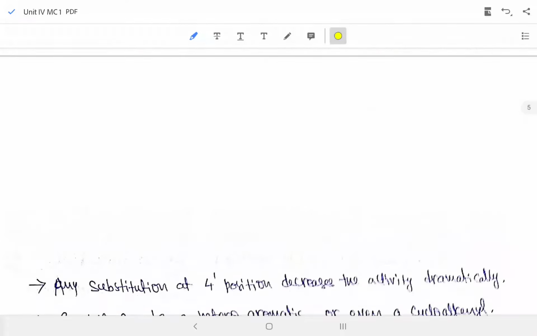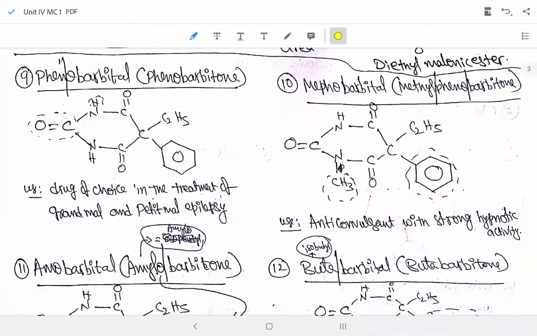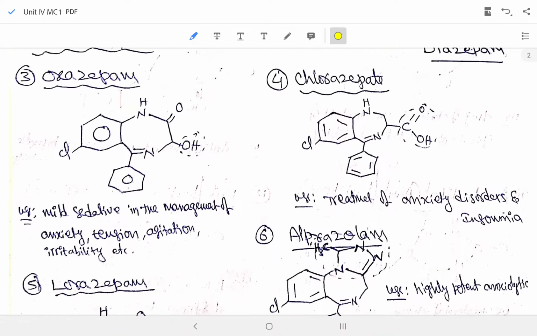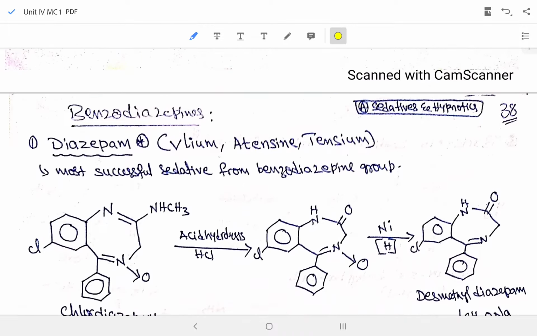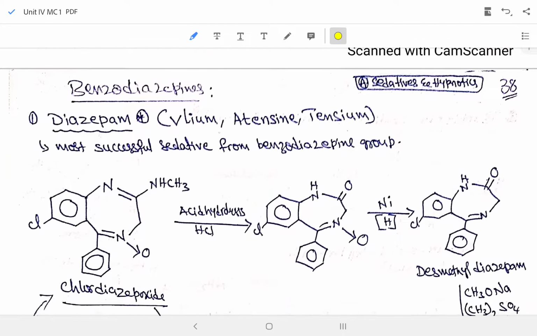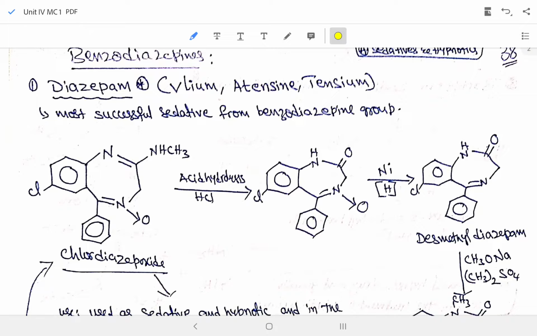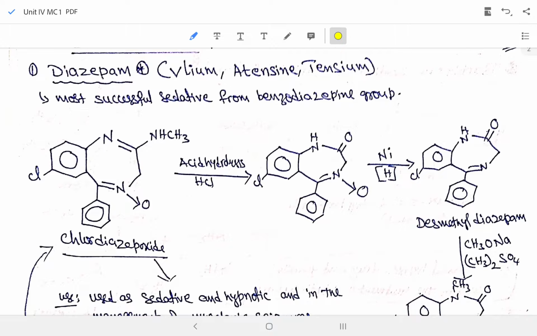Okay. Now let us see the structures. The first one is diazepam. As I told earlier, diazepam is a benzodiazepine, right?